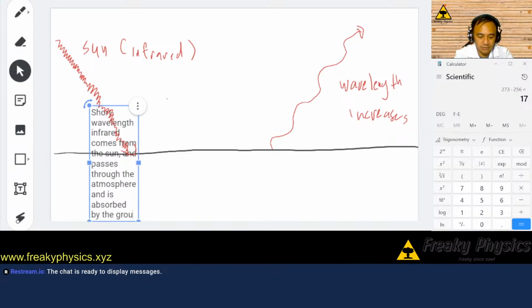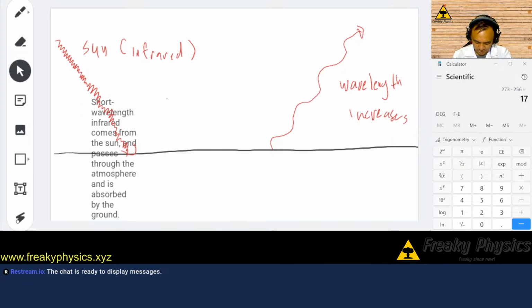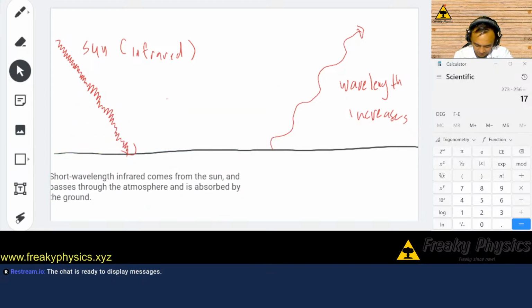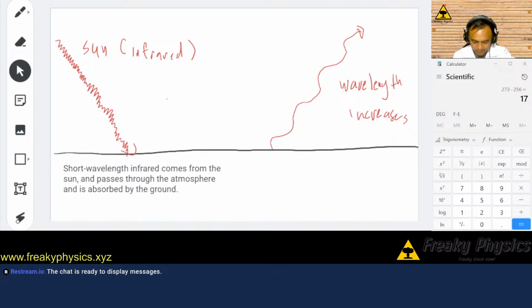Excuse me, I'm getting hiccups. Anyway, that's what's happening on this side. Now, at the same time the ground is emitting, so the ground emits infrared radiation of longer wavelengths.